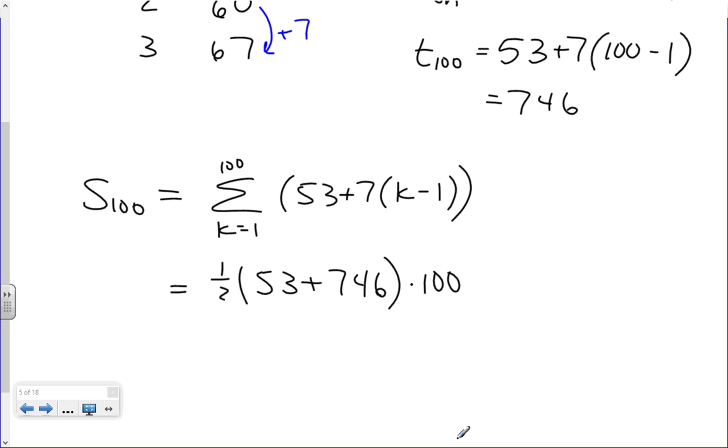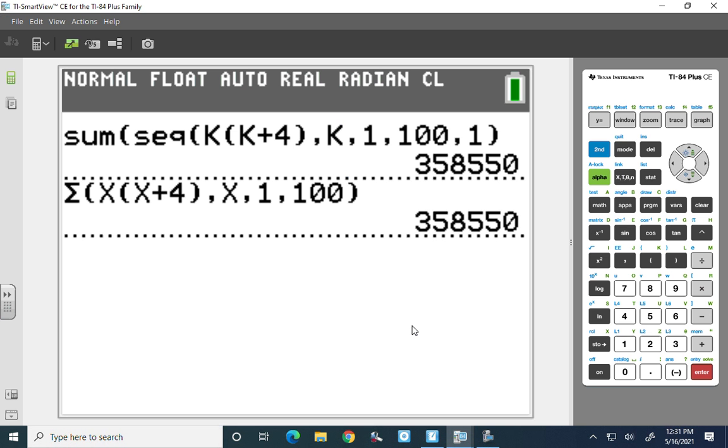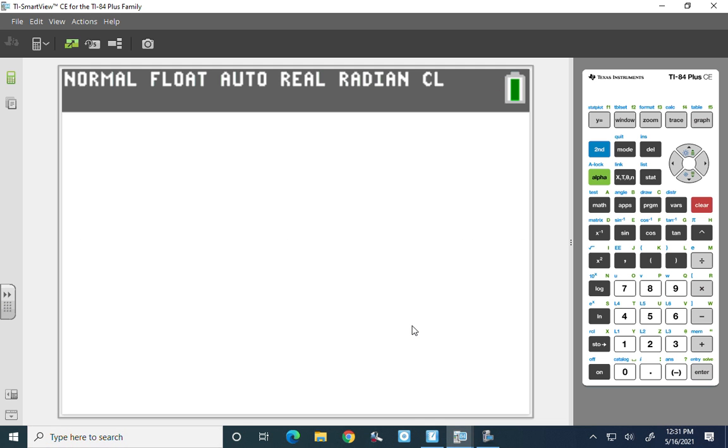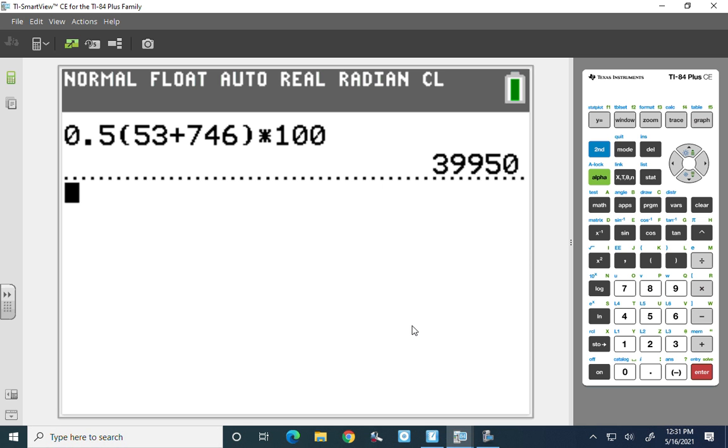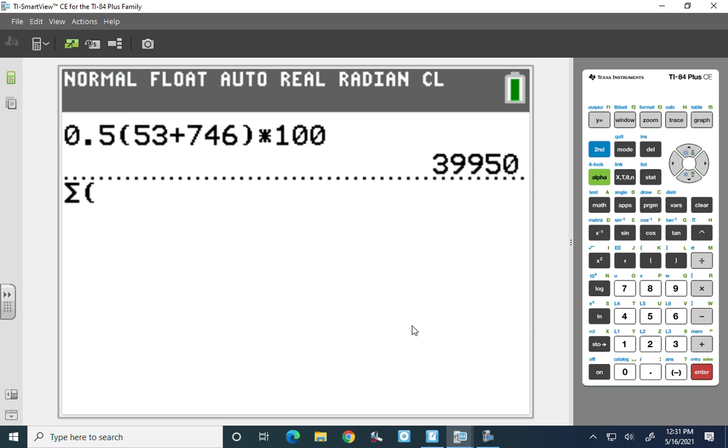So let's grab our calculator and evaluate that. So I've got 1 half of 53 plus the 746, and we're multiplying that by 100. So we get 39,950 should be our 100th partial sum. Again, if you want to check to make sure that's the same value your calculator would give you, go ahead and do so. I'll quickly calculate that using my summation.